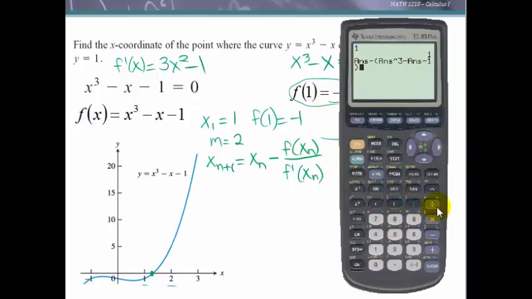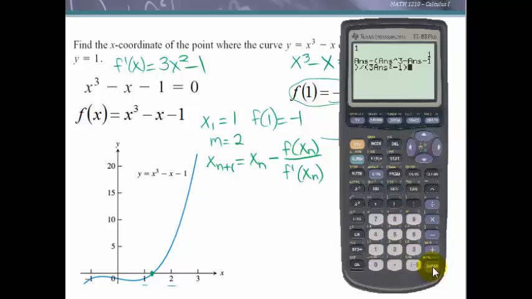And then we're going to divide that by, so I'm going to need a parenthesis again. So the denominator is the derivative at this value. The derivative is 3x squared minus 1. So I'm going to put in 3, pull up the value for the answer, and square it, and then subtract 1.